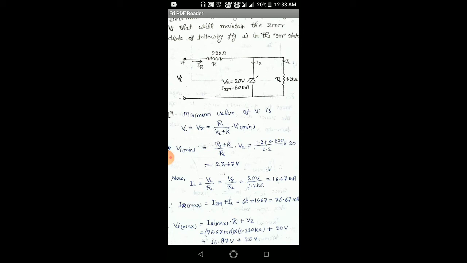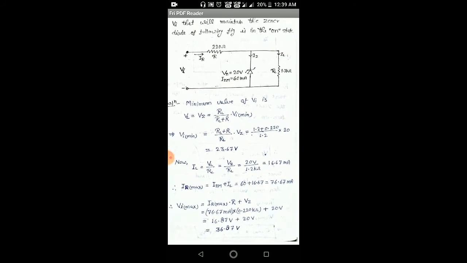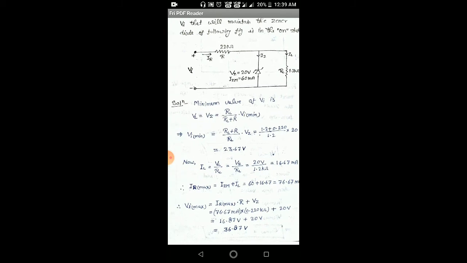IZM is given in this circuit, in the diode rating. So IZM plus IL is 76.67 milliampere. Then we find Vi maximum, that is IR maximum into R plus Vz. Putting in these values, we obtain Vi maximum equal to 36.87 volt.